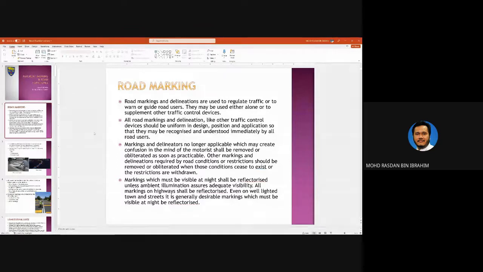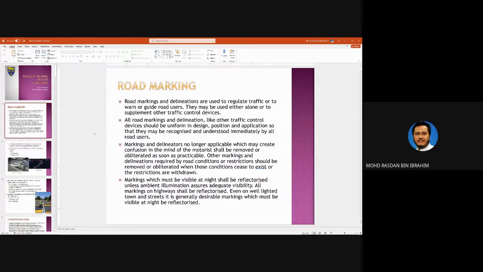Markings must also be visible at night, and shall be reflectorized unless ambient illumination assures adequate visibility, unless the area is constantly lighted. But this is a very small exception.